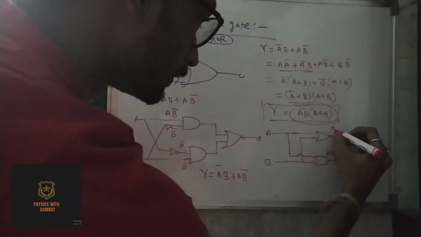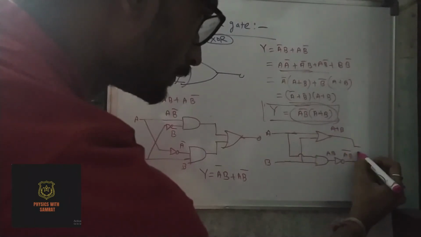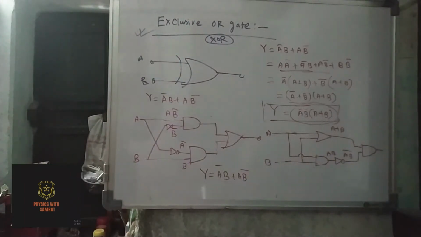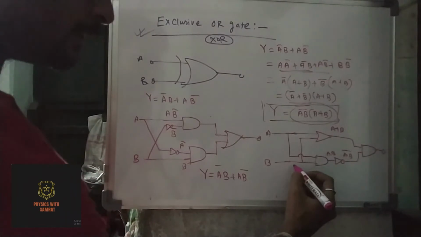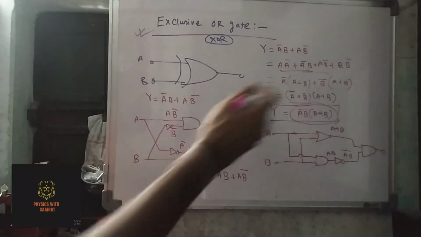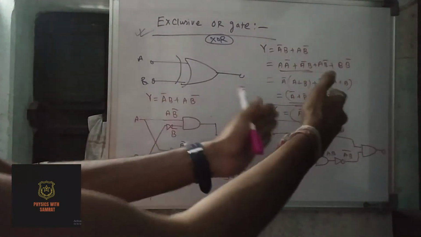This is A bar B. This is visible. Is this visible to you? Okay, this is visible. This is the logic gates diagram of this expression, if we express the XOR gate like this.